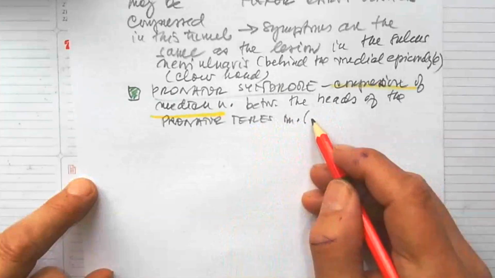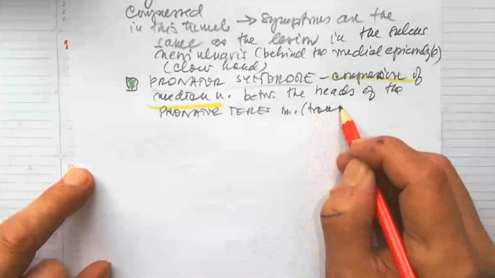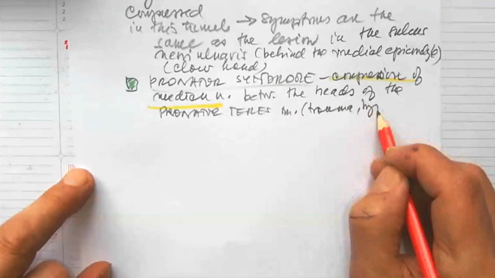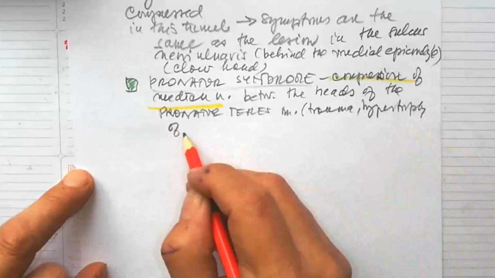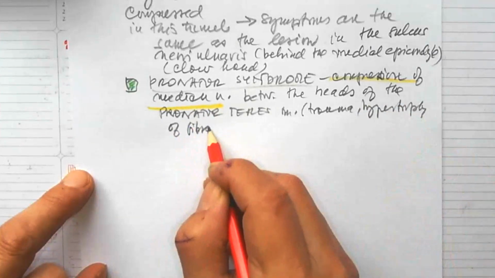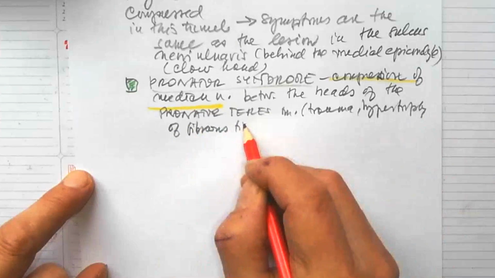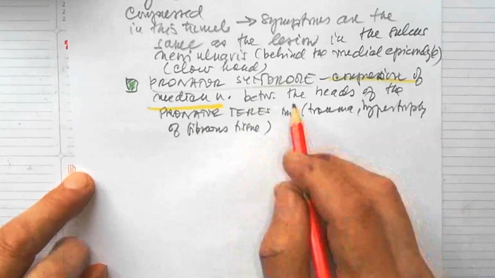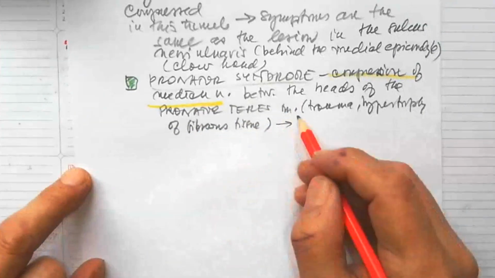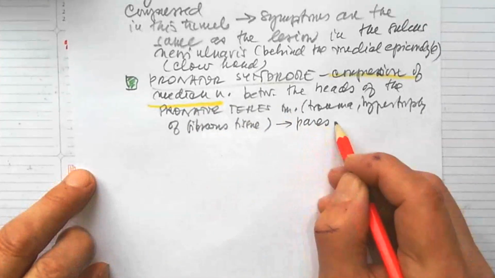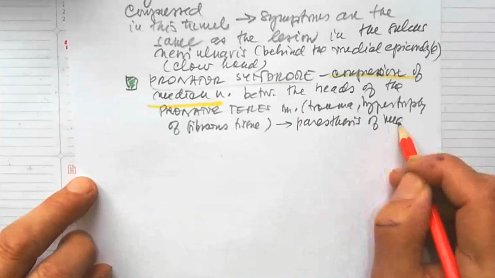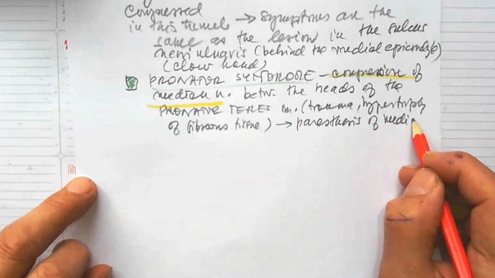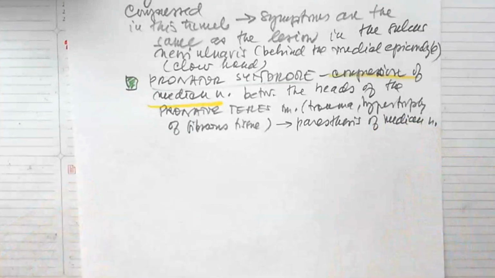It could be caused by trauma, usually trauma, hypertrophy of fibrous tissue, etc., edema. And it leads to paresthesia of the median nerve, the same ape-like hand.